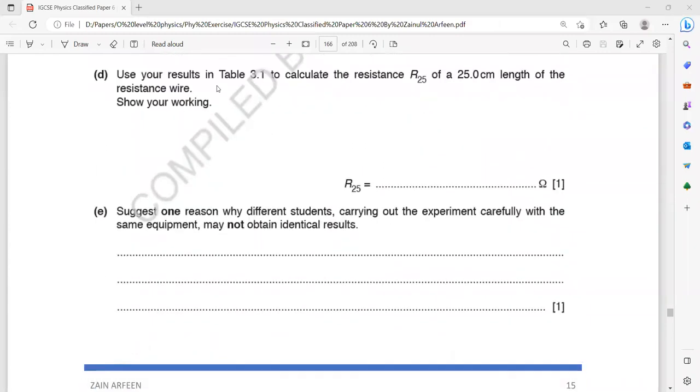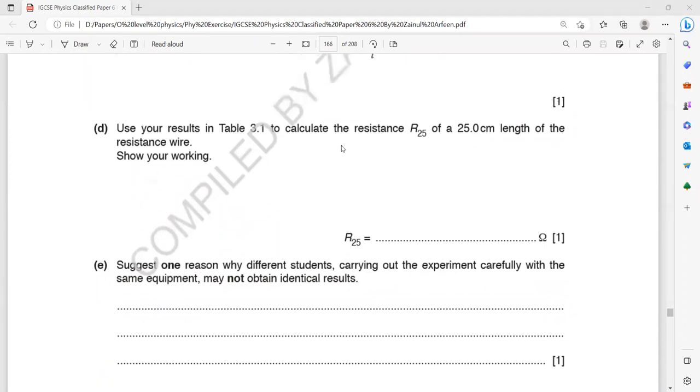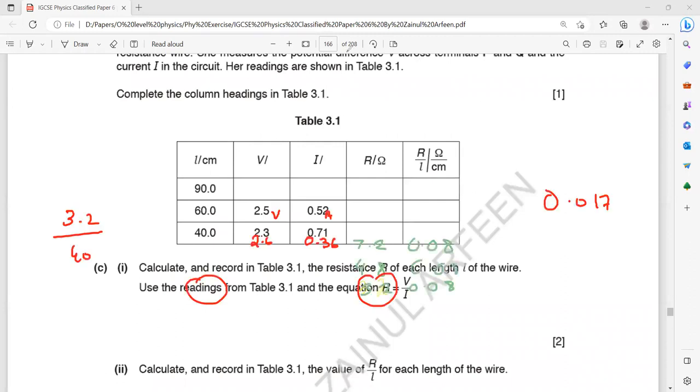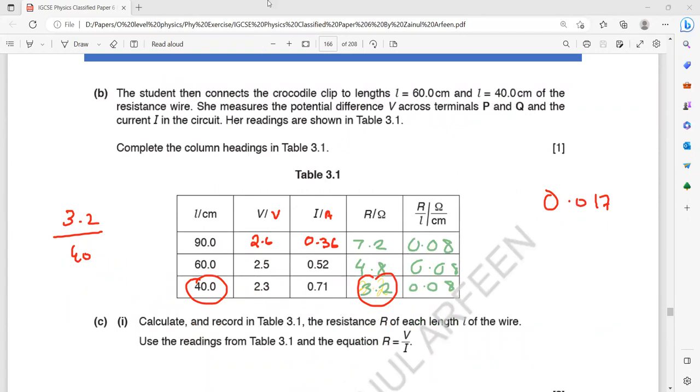Use your results in table 3.1, calculate the resistance of 25 centimeter wire. So how can we calculate the 25 centimeter wire? You can use a ratio here to work out, because resistance and length are directly proportional.